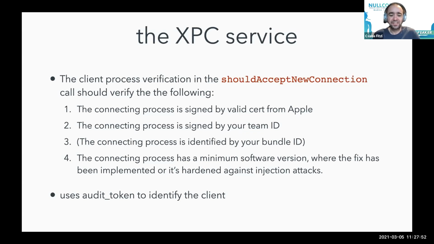Now, the issue here is that the audit token API is private to Apple, and it's not a public API. You can still use it with a few tricks in your code, so it's not impossible, but it poses a problem, especially if you want to publish your software in the Mac App Store, where you are not allowed to use private API.